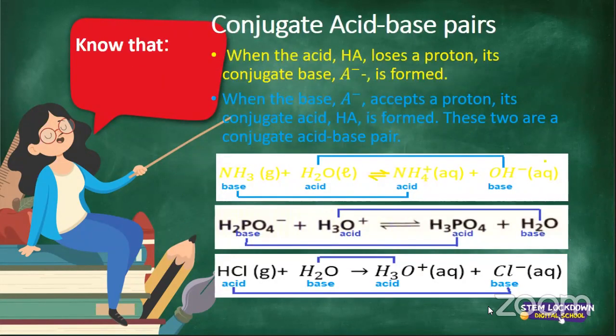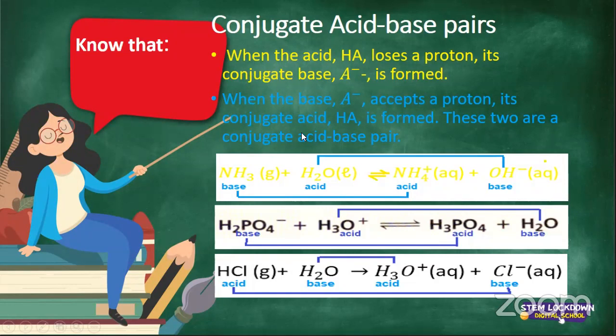Let's look at the conjugate acid-base pair. So we are saying that an acid HA loses a proton and then its conjugate base A minus will be formed, right?